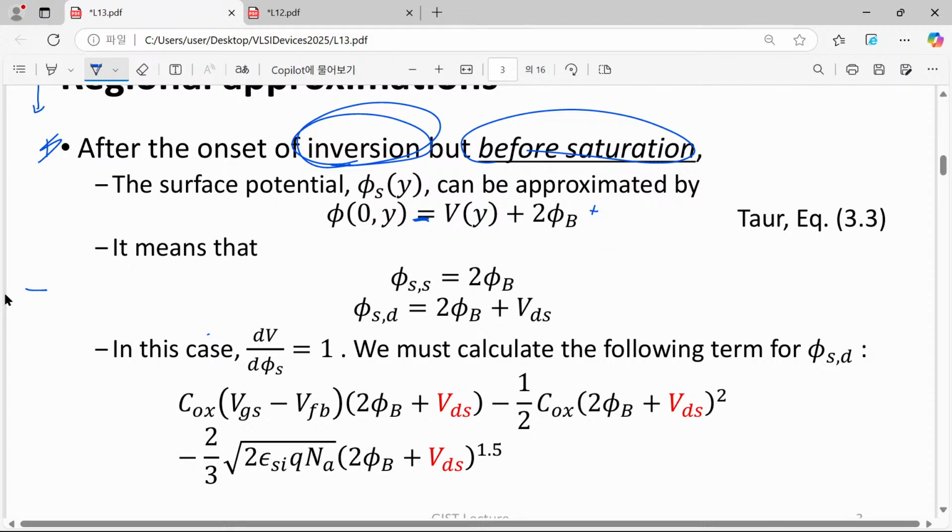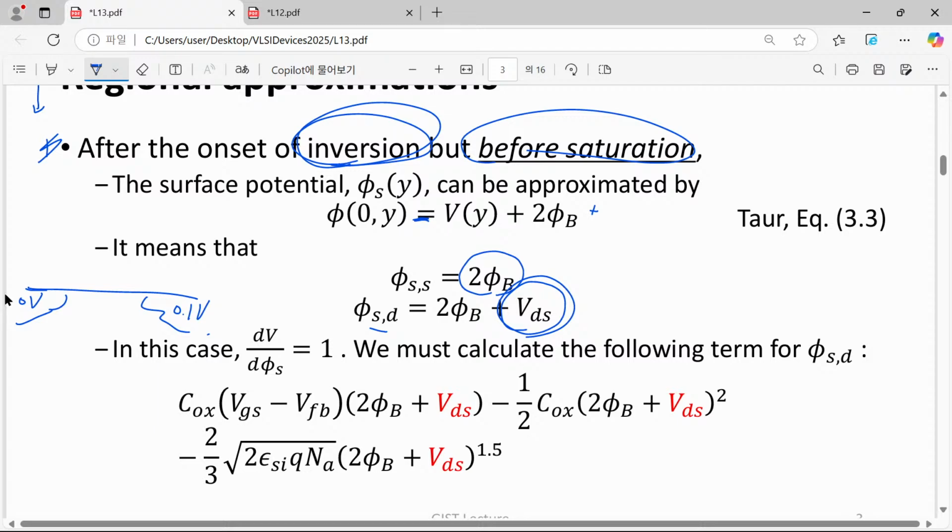Then now we can say that, okay, the source side is pinned to 2 times phi b, and the drain side is increased by the amount of the source-to-drain voltage. That's not that bad. The common situation is, for example, 0 volt and 0.1 volt.